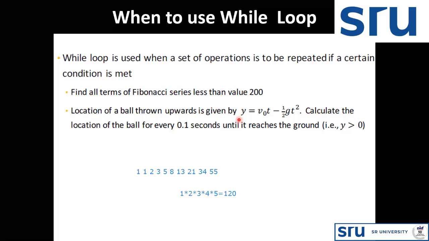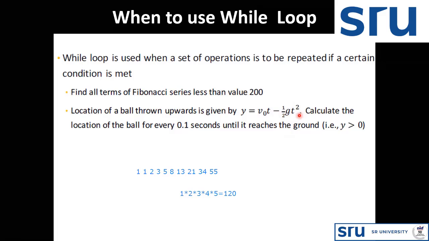So how to get that value? You know this formula, ut plus half at squared. Here the ball is projected against the acceleration due to gravity. That's why u is the initial velocity v naught, and t is the time of flight up to that second while the ball is above the ground level.